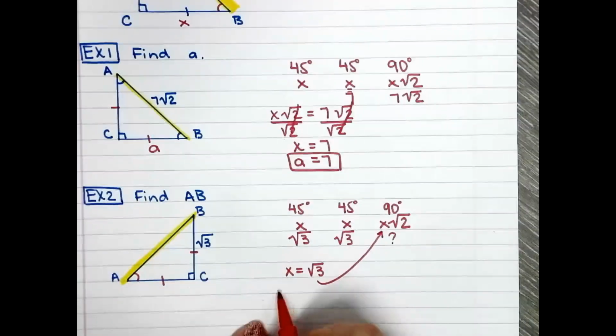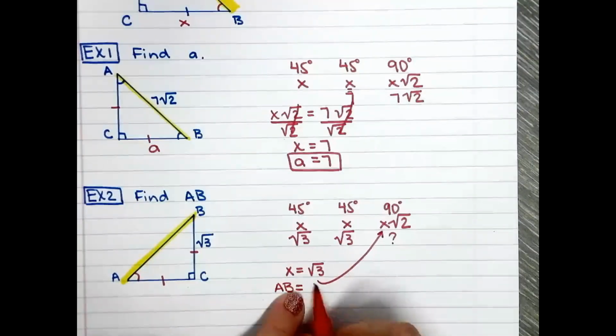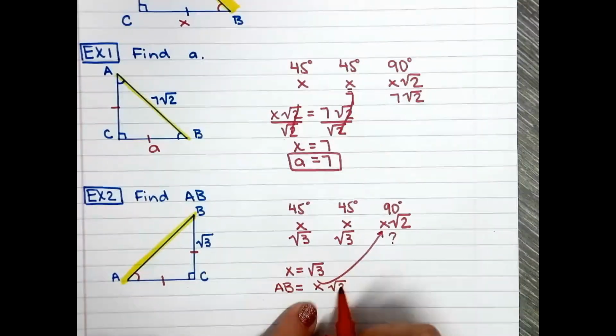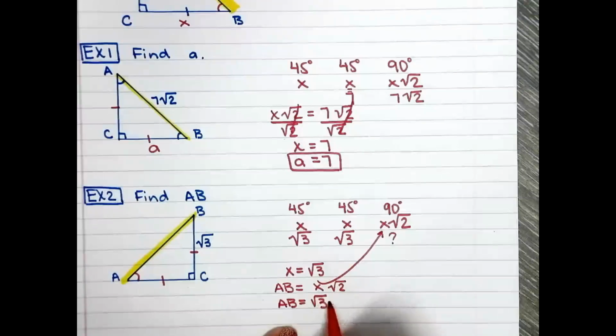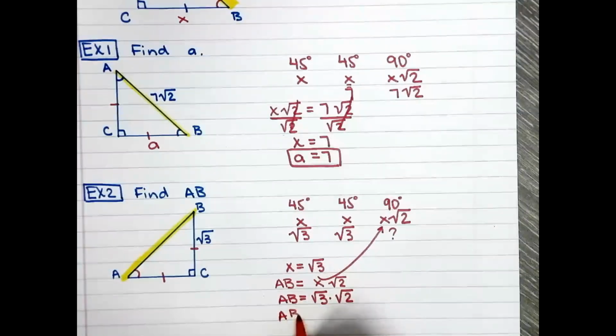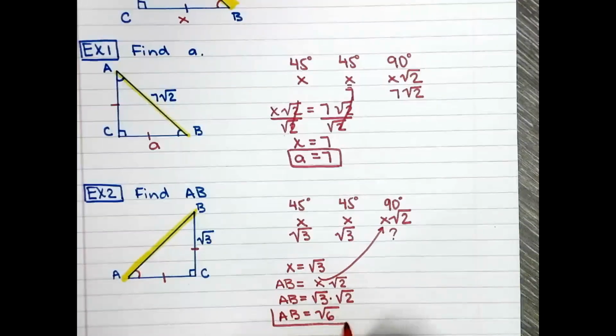The length of AB is whatever x is times square root of 2, and x is square root of 3. Now you just multiply. Square root of 3 times square root of 2 is square root of 6. And that's all there is to it.